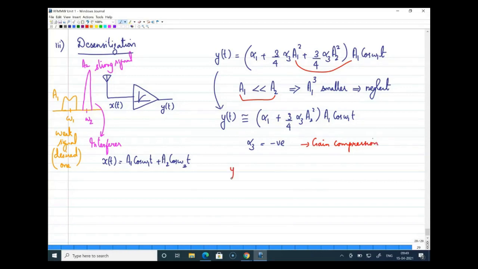I can further write this y of t as alpha 1 minus 3 by 4 alpha 3 A2 square into A1 cos omega 1t, right? Now you have an output expression equal to alpha 1 minus 3 by 4 alpha 3 A2 square into A1 cos omega 1t.